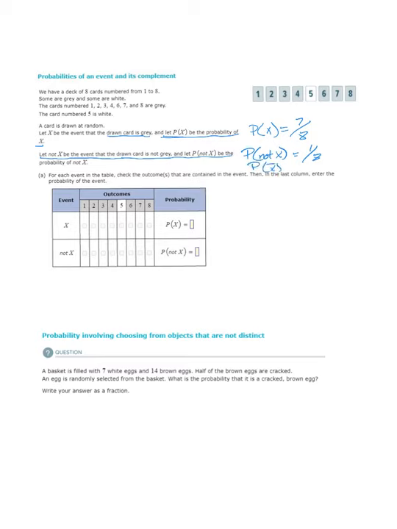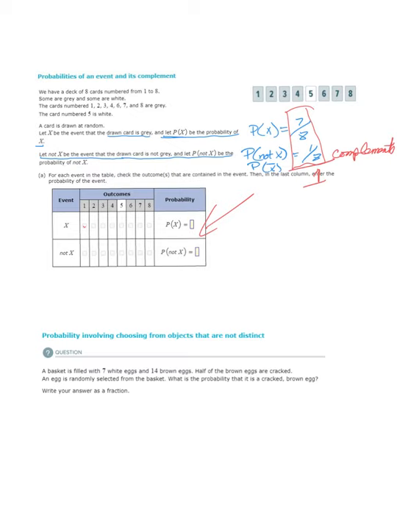This is called the complement. These are complements of each other. Complements, if you were to add these up, should always add up to 1. Total probability would equal 1. In this part right here, you're just checking boxes, and then your answers are going to go here.